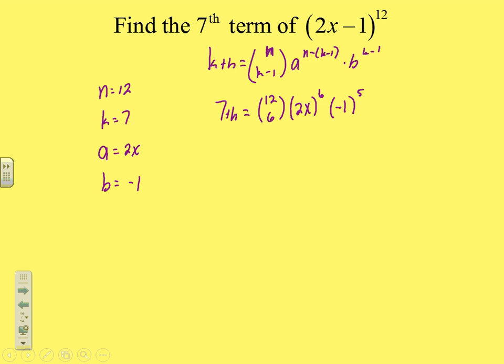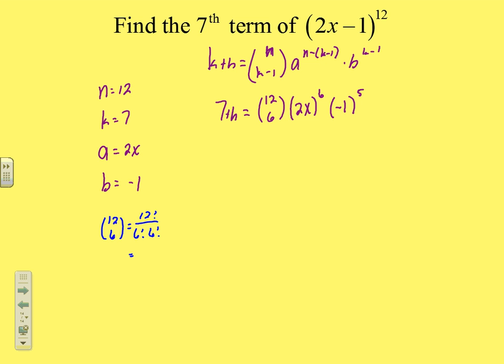Now, the only real math that we have to do is the combination. And again, if you have your calculator handy or your Pascal's triangle handy, you can write it out. But I don't have either of them available for us to really look at right here. So I'm going to go ahead and do my combination math. 12 choose 6 is going to give me 12 factorial over 6 factorial times 6 factorial again.